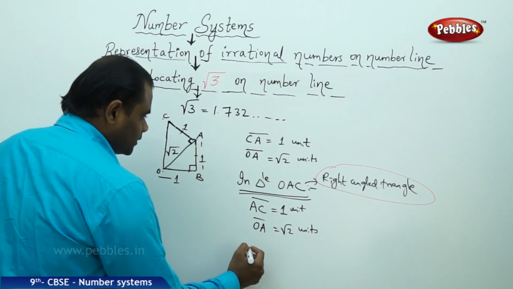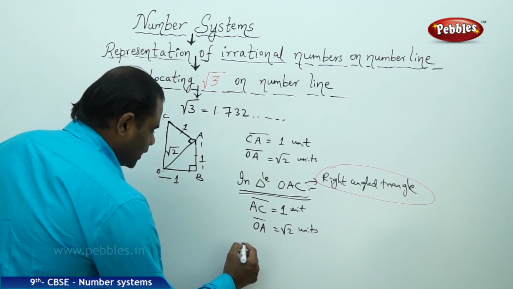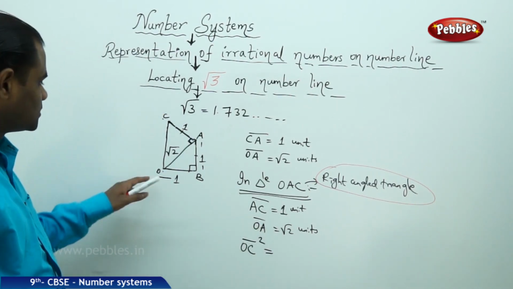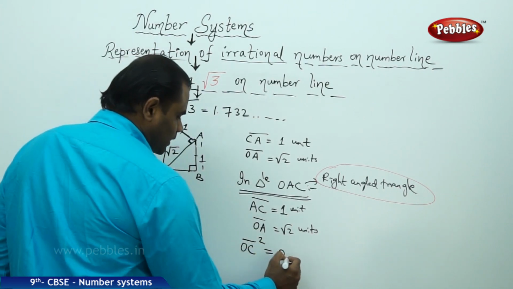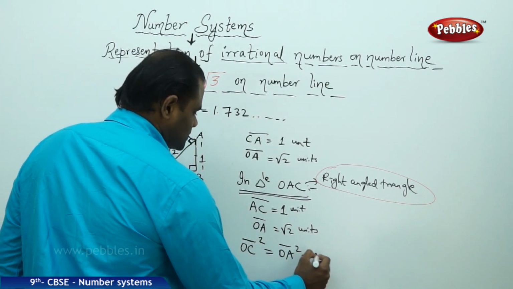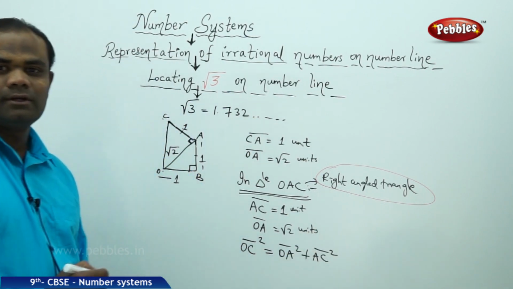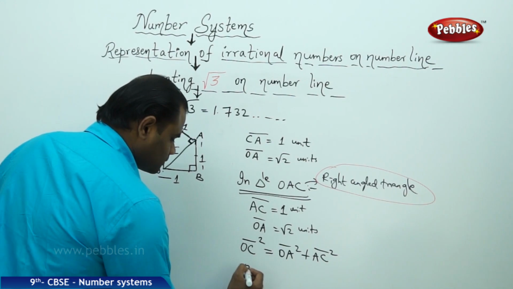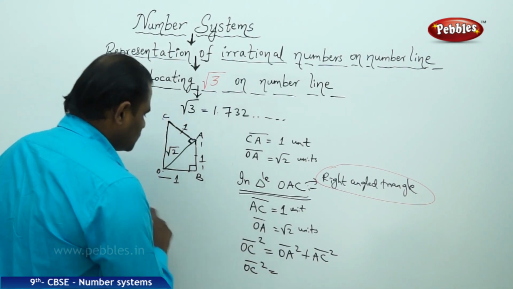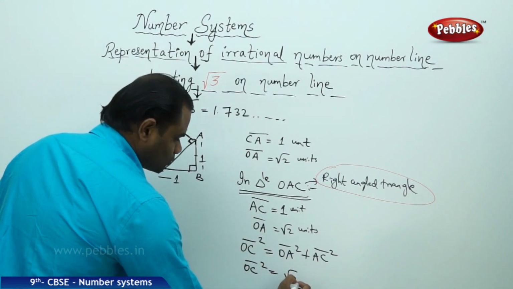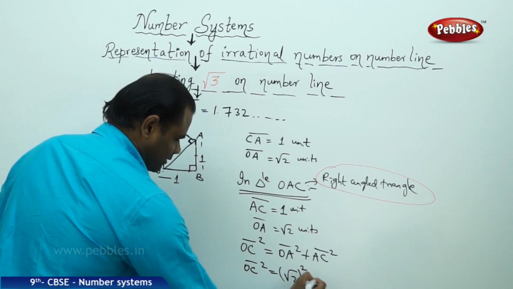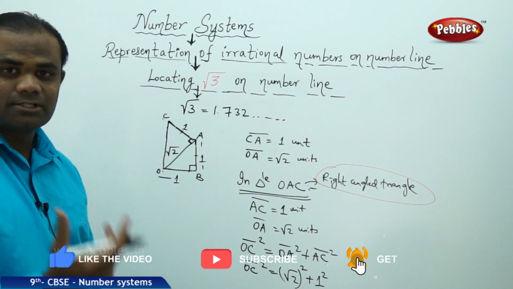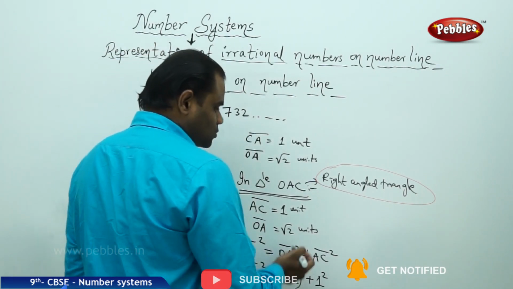We know that in right angled triangle OAC, the hypotenuse OC square is the sum of squares of the other two sides, that is OA square plus AC square. When I substitute the values, OC square is equal to OA, which is root 2 whole square, plus AC, which is 1 whole square.